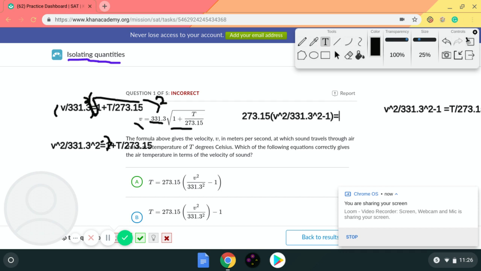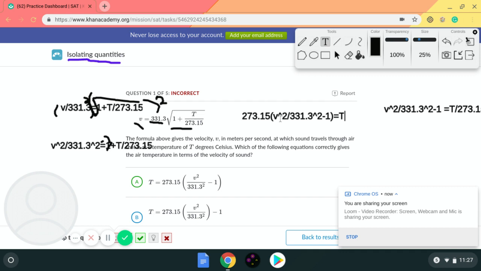And that is going to equal to t. And we have found our answer, which is A. T equals 273.15 times v squared divided by 331.3 squared minus 1.